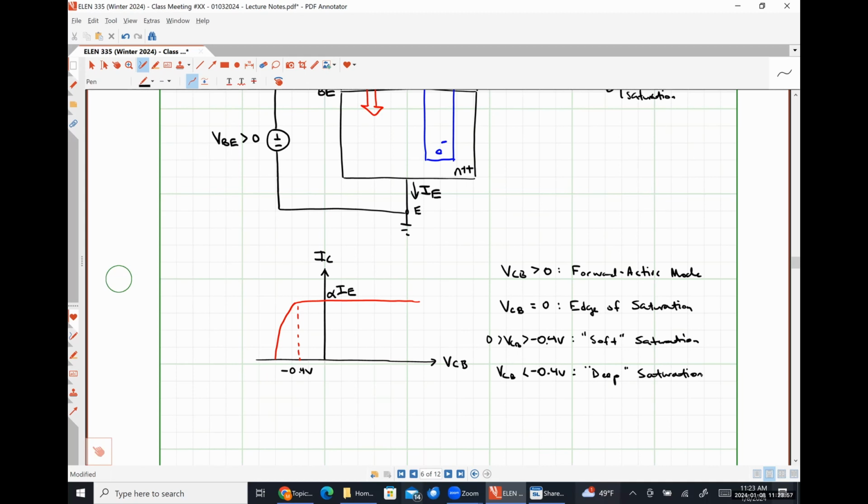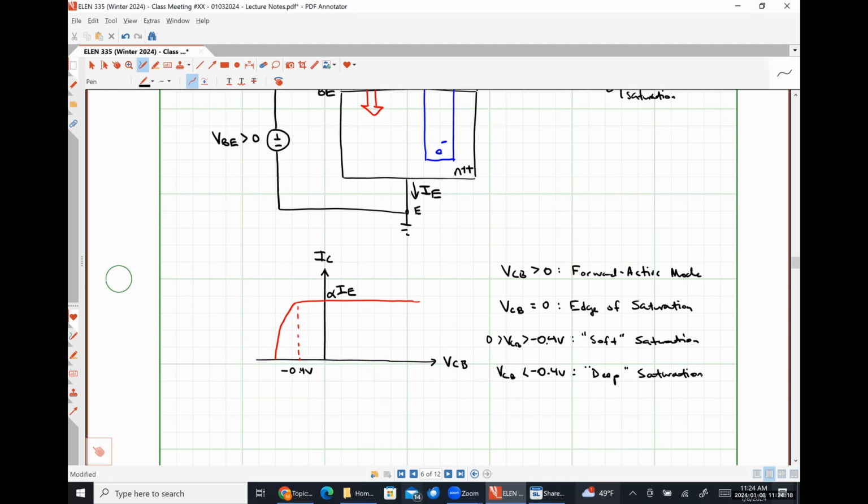From this curve here, and we'll investigate this numerically in a moment with an example plot, effectively, we can push our device into soft saturation without it having any appreciable effect on our collector and emitter currents.